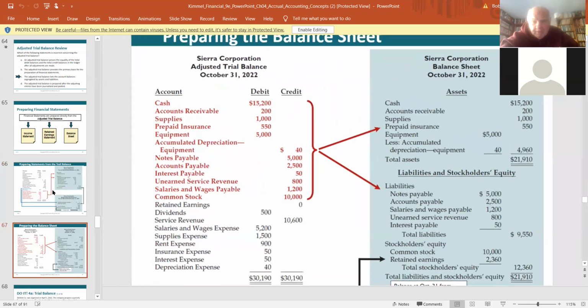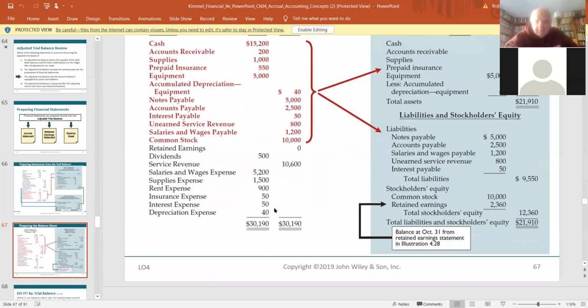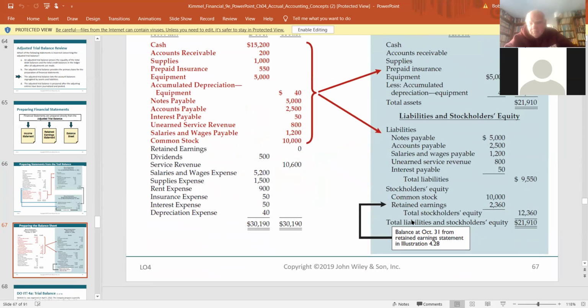And look how easy the balance sheet is. All you're doing is copying everything from the trial balance except one thing, and that is the retained earnings number. We bring the retained earnings number over, 2,360. You typically don't show the dividends on a balance sheet, although I've seen companies that have done that.